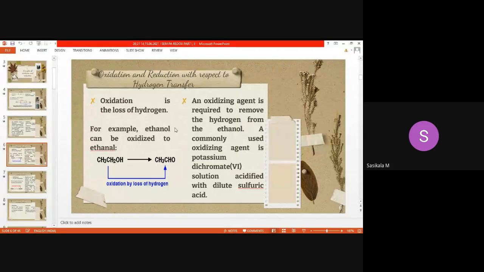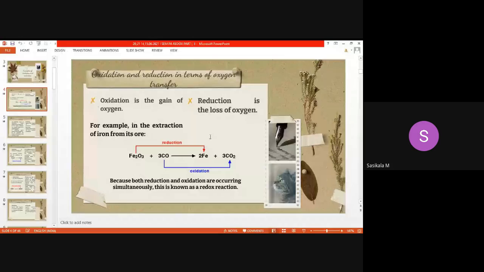Next, oxidation and reduction with respect to hydrogen transfer. Let's move on to the next classical concept. Now you have learned what oxidation and reduction are based on the oxygen transfer concept, with the example of ferric oxide and carbon monoxide, where a redox reaction takes place between two molecules.